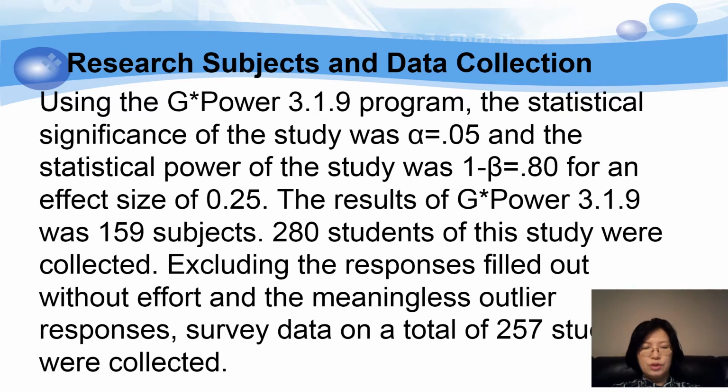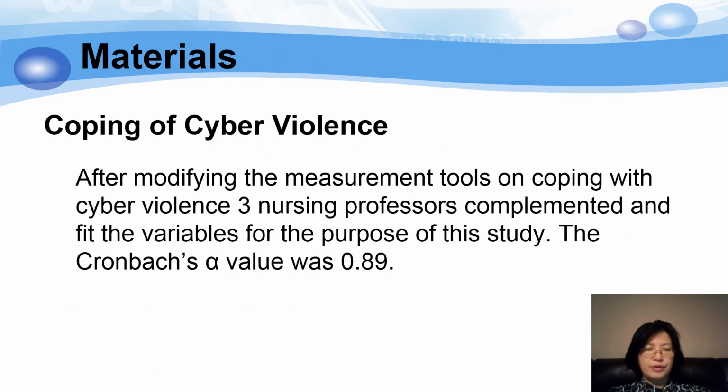280 students of this study were collected, excluding the responses filled out without effort and the meaningless outlier responses. Survey data on the total of 259 students were collected. Materials.